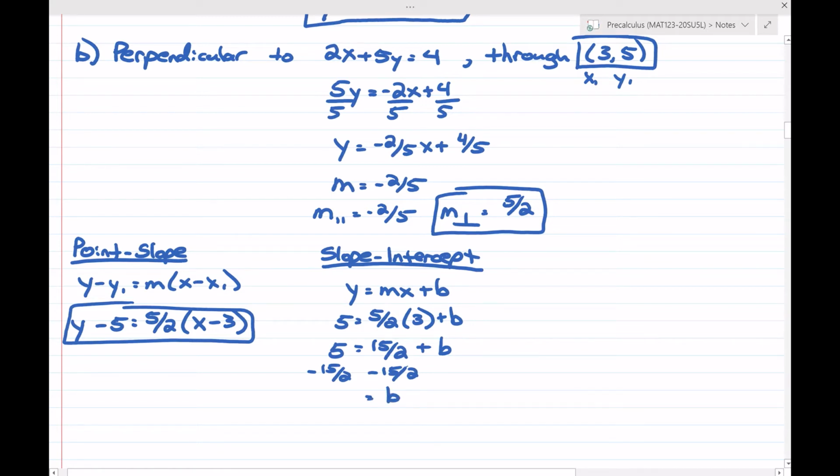So 10/2 minus 15/2 is negative 5/2. That's our b value. So the equation in slope-intercept form that's perpendicular to 2x plus 5y is equal to 4 through the point (3, 5) is y is equal to 5/2 x minus 5/2.